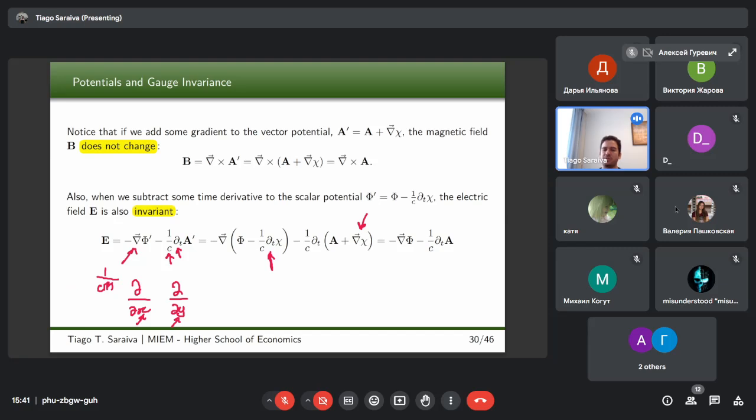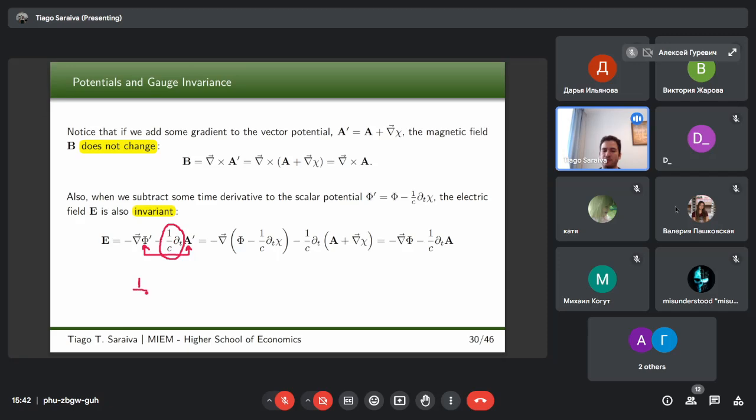So the unit will be centimeter to the minus 1. In this CGS formulation, vector potential and scalar potential have the same units. It means that this term should also have units of 1 over centimeter.